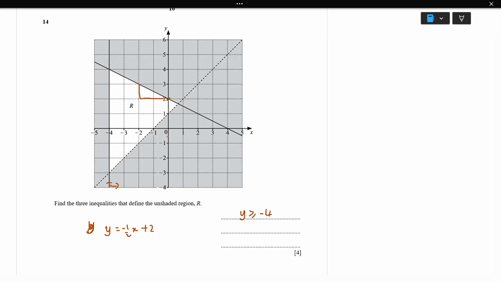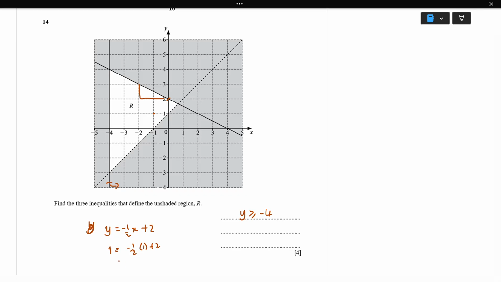Now I'll take one point from here, then I'll check whether it's greater than or less than. So negative 1 comma 1. Minus 1 by 2 into negative 1 plus 2, which side is greater? The right side is greater.